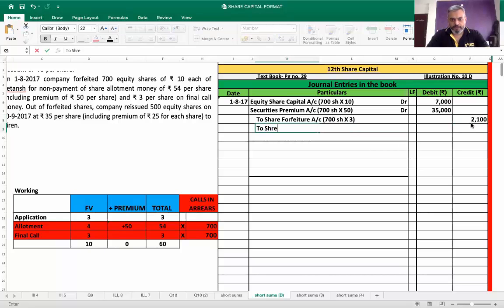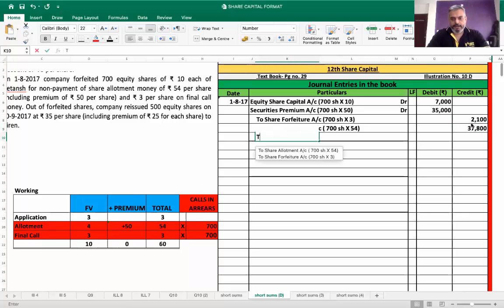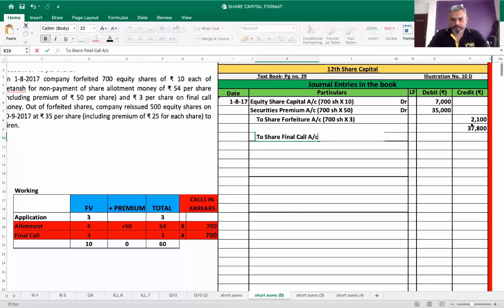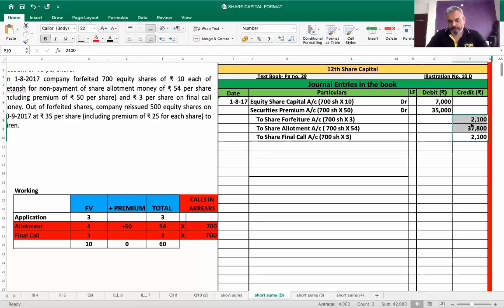To share allotment account, 700 shares into 54 per share, 37,800, and to share final call account, 700 shares into rupees 3 per share, 2100. Cross verify: debit should be equal to credit.